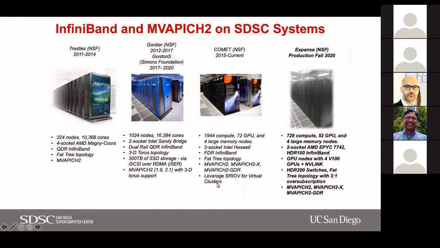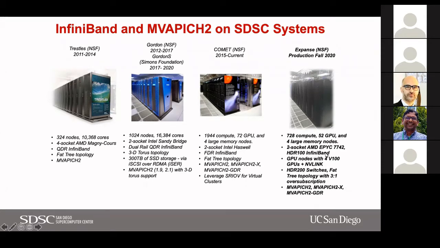So there was a lot of different MVAPICH flavors that we tried out on there. MVAPICH2, MVAPICH2-X, MVAPICH2-GDR on the GPU nodes. We also did the SR-IOV based MVAPICH2 also.